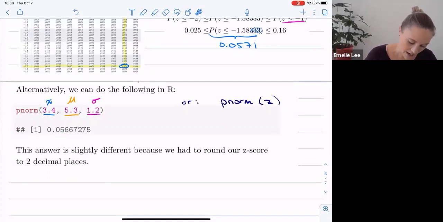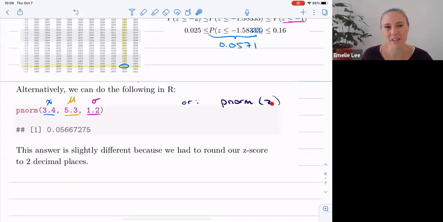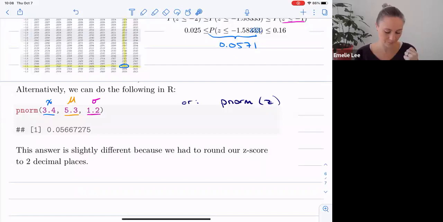So notice if you use the p-norm of z, you would have to calculate that z-score, right? Here, you're just giving it the components of the z-score, and then it calculates the z-score for you. There are situations where you might just have z-scores. You might only have standardized values. So then you could just go in and use the p-norm of z instead.